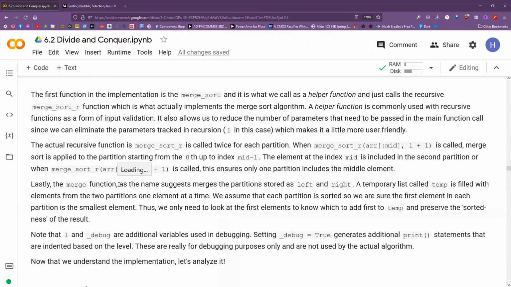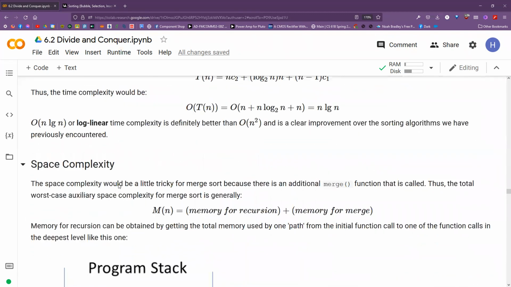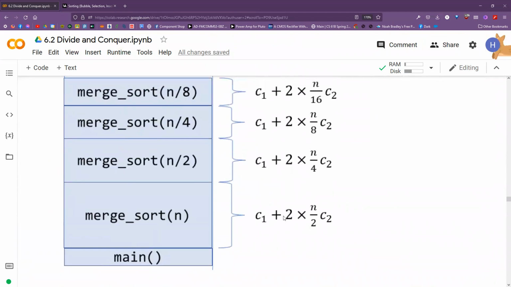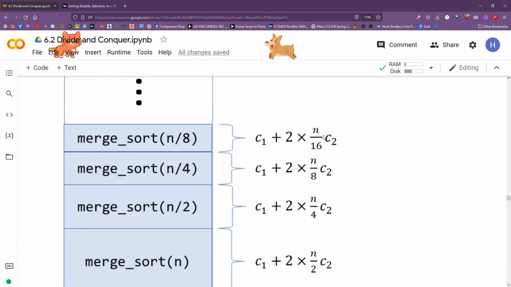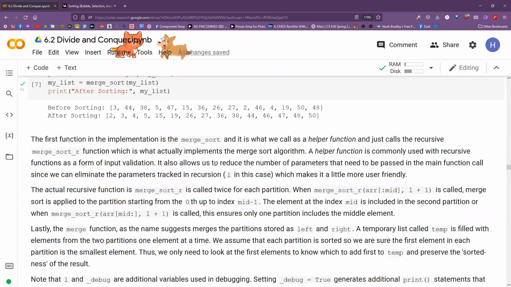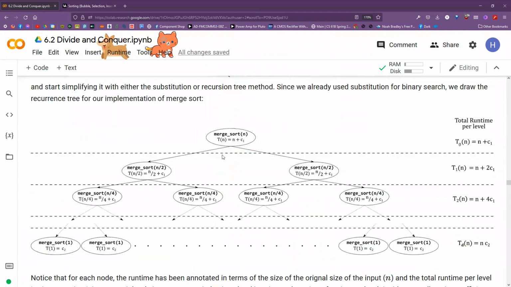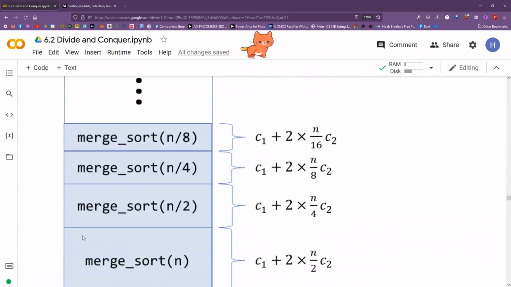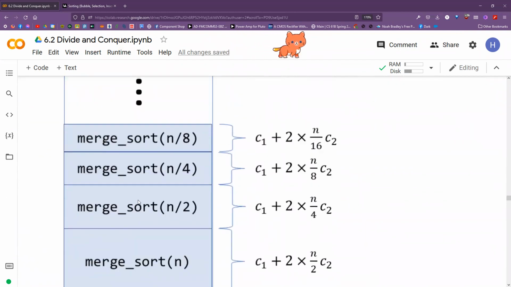And yun, total memory na ginagamit nun is 2 times yung n over 2. And then for the succeeding calls, yung n over 2 naging n over 4, n over 8, n over 16. Kasi since isang path na yung kinoconsider natin over here, so basically, nakukuha lang natin yung half ng memory consumption.